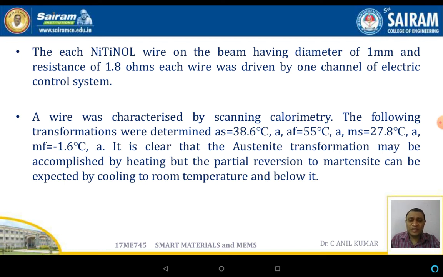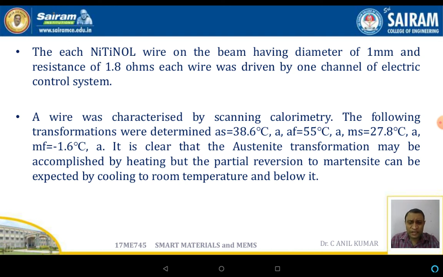The heating and the cooling is done using the electric control system. Even in these materials, heating is a continuous and gradual process, and cooling is also a gradual process. But the cooling curve will be a very slow process, whereas the heating curve will be a very fast process.